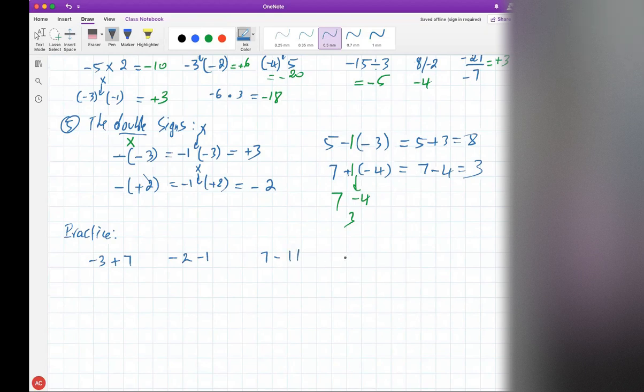And maybe also mix things up a little bit. Okay, something like that. And also -3 multiply, give you a lot of negatives here. Let's say -1 plus 7.